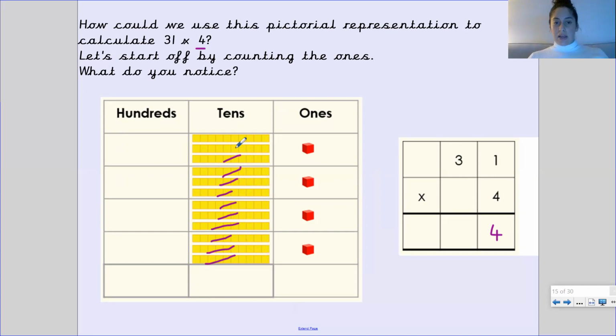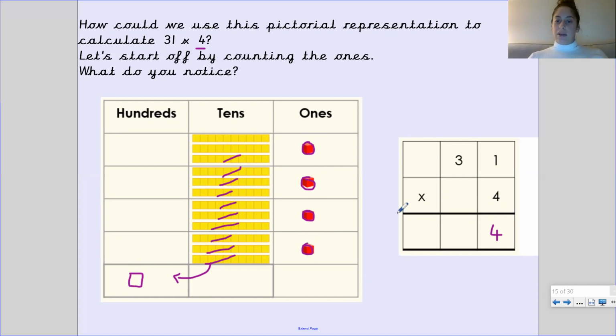And then I've crossed out 10 tens, which represent 100, and I'm going to exchange it into the hundreds column. Okay. Remember, we represent hundreds as squares and ones as circles. So don't get this confused with counters.